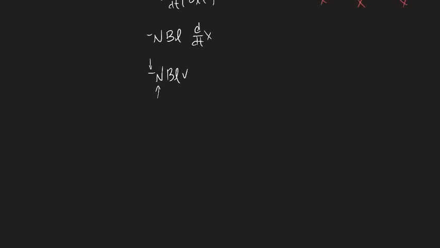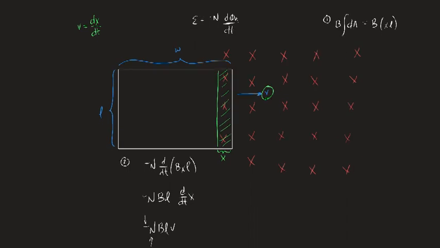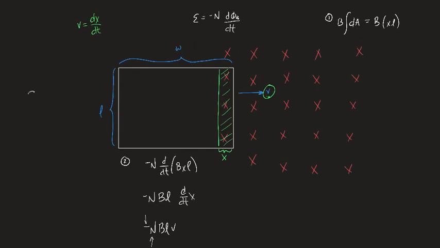So when asked what the EMF is for this situation, I think we can effectively say it's exactly what we figured out yesterday, BLV. Where we used Faraday's law to come up with it and not motional EMF, and dealt with forces on charged particles and such.